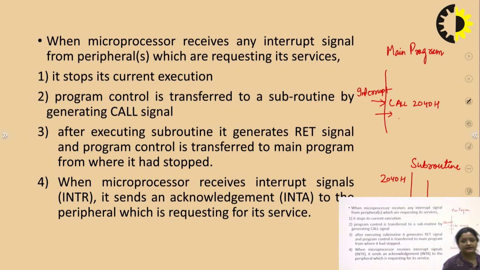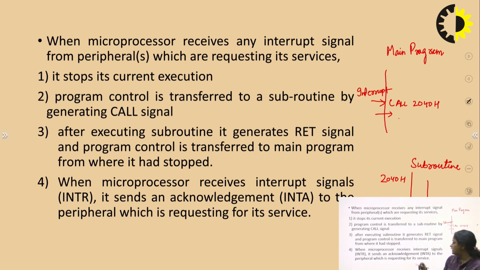So this is an interrupt. Whenever an interrupt request comes, the execution of my main program stops. The control is handed over to a subroutine with the help of the call instruction. The request of the subroutine is handled first, and then with the help of the return command, I return back to my main program. So this is the basic concept of interrupt.